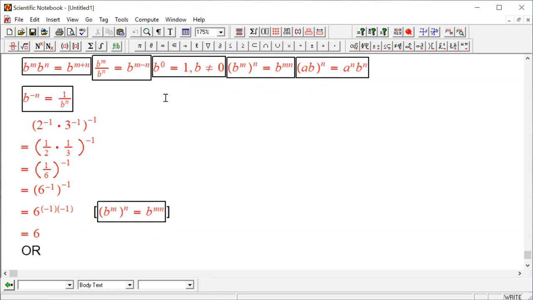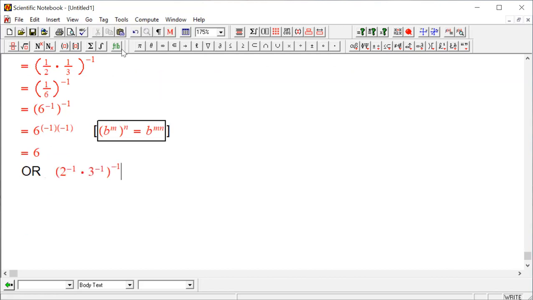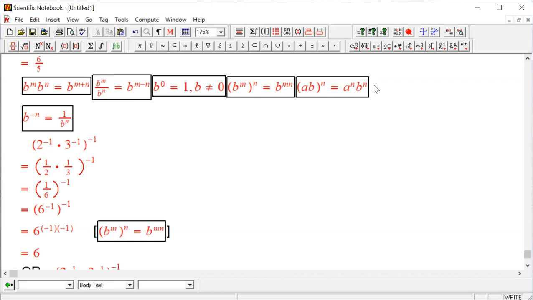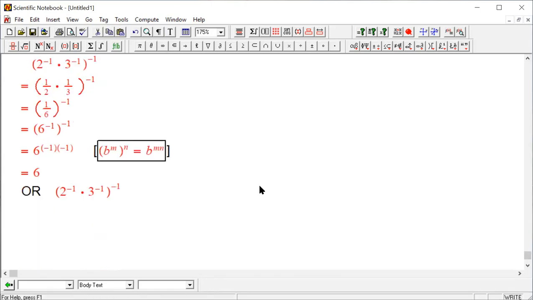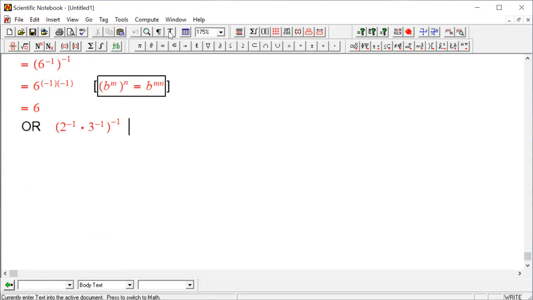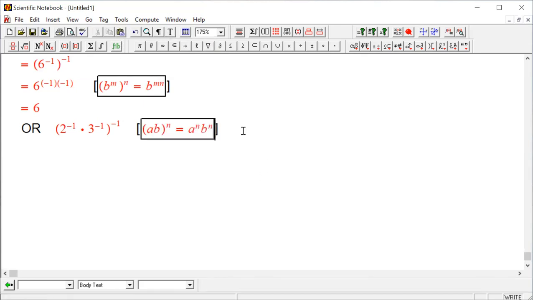Or there's another way to do it, which is that we can apply that property. How do we apply that property? You see, this is lowercase a, lowercase b, and the n is -1.